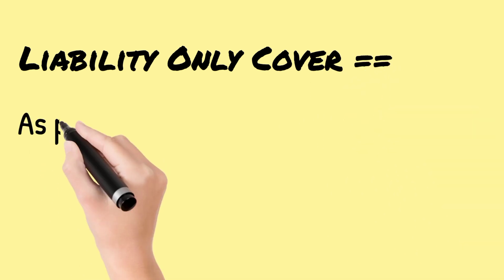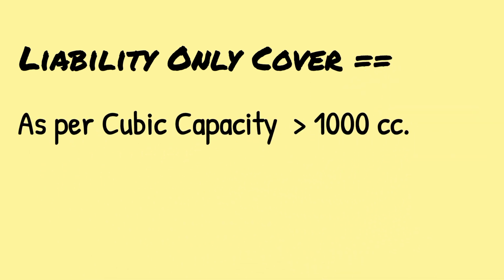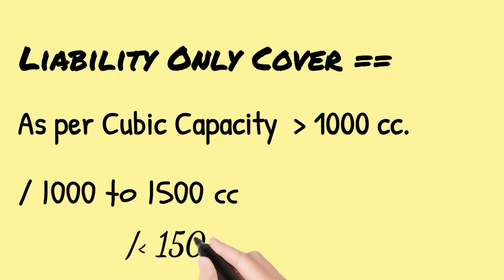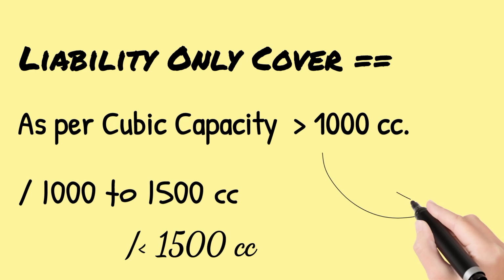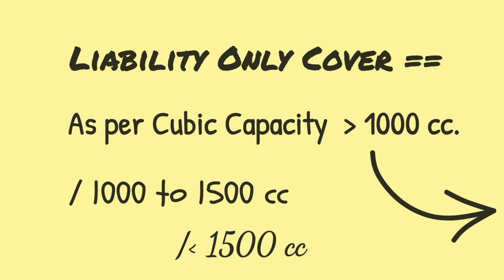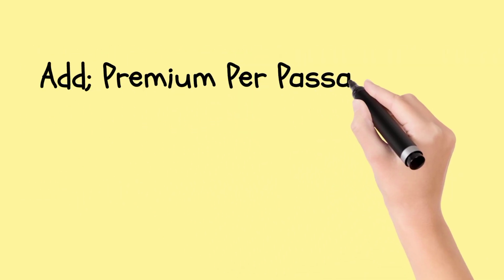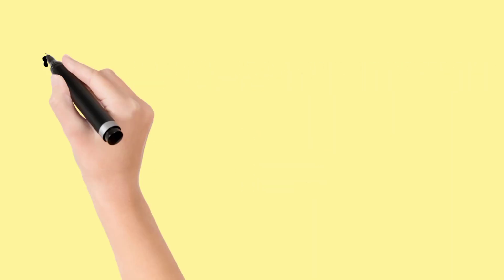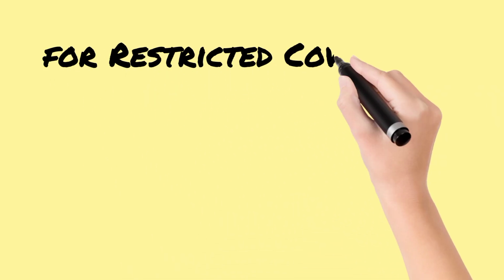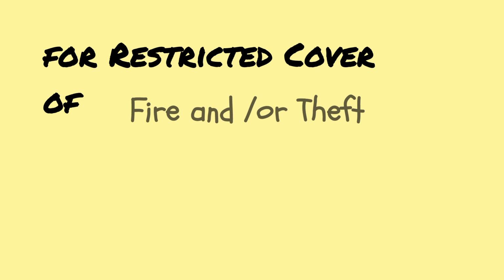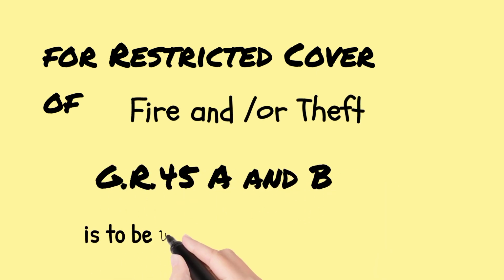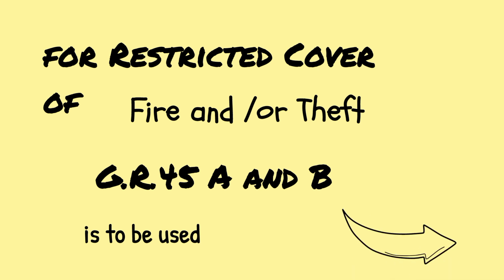Liability only cover as per cubic capacity less than 1000 cc, 1000 to 1500 cc and more than 1500 cc. Additional premium per passenger into number of passengers. For restricted cover of fire and or theft, GR 45 A and B is to be used.